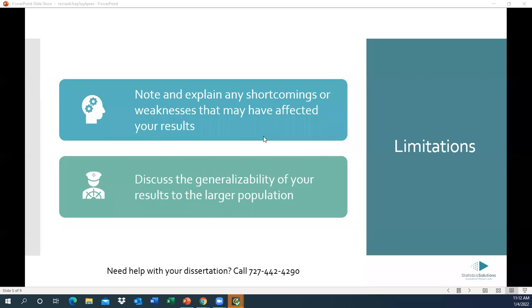Okay. Like I said, that's really the heart of the discussion chapter. Your limitation section is where you note or explain any shortcomings or weaknesses that may have affected your results.